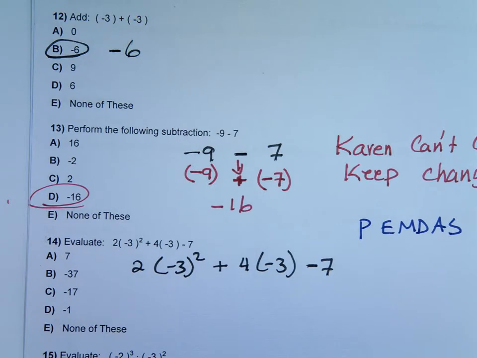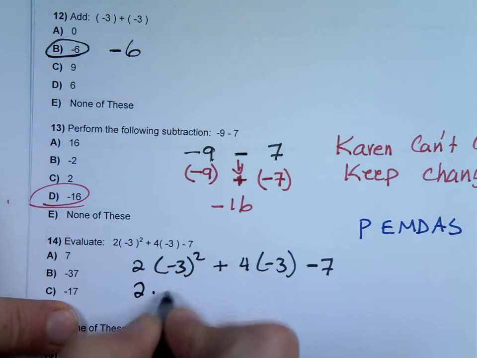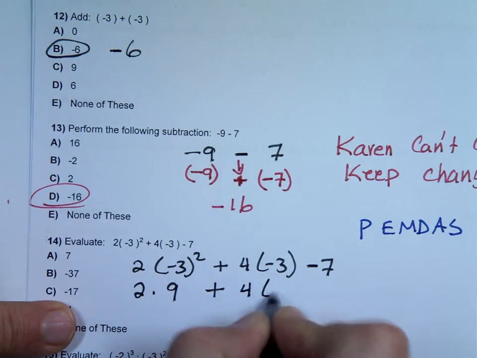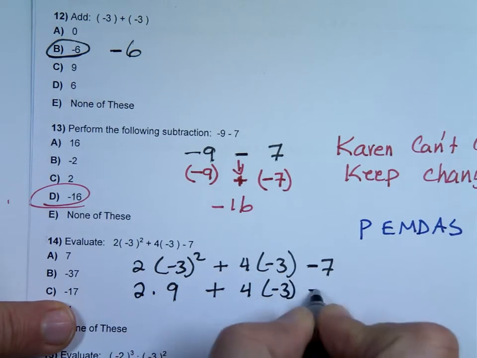Parentheses, I can't really simplify what's inside the parentheses. Exponents, yes we do. What's negative 3 squared? 9. Positive or negative? Positive. Negative 3 times negative 3 is positive. So 2 times 9 plus 4 times negative 3.